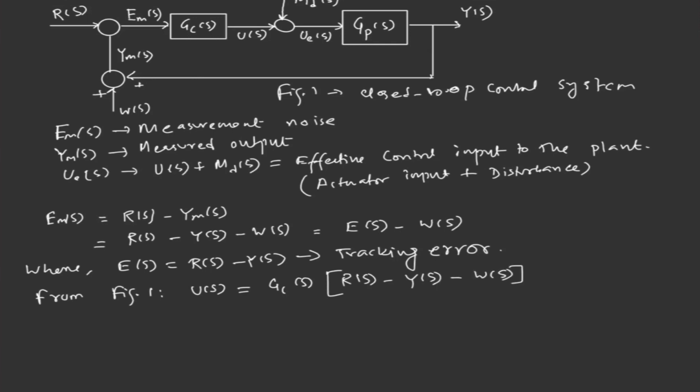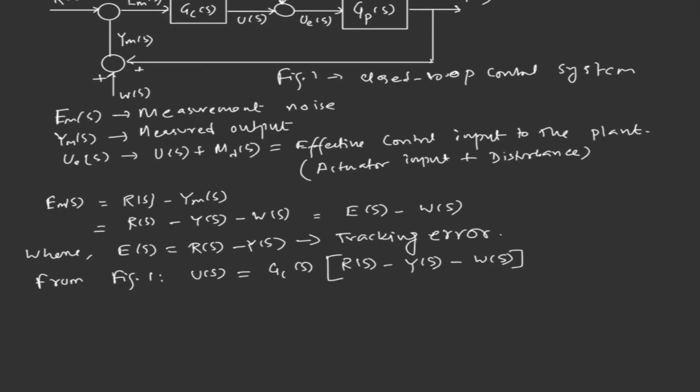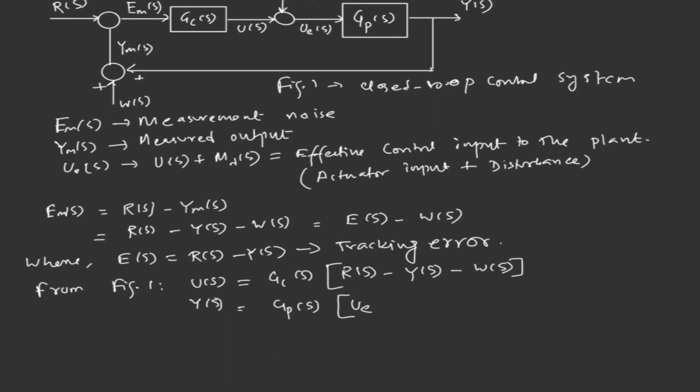Also we can write Y of S as GP of S into the effective control input UES, or GP of S into US plus MDS.